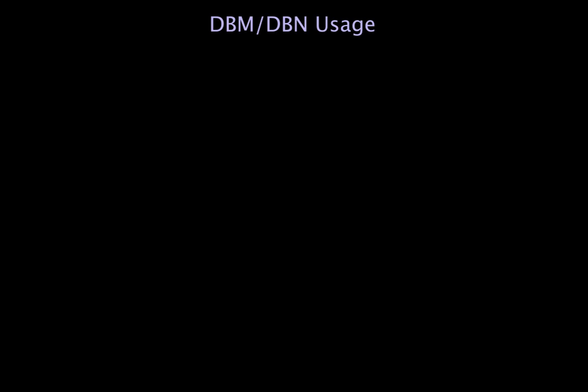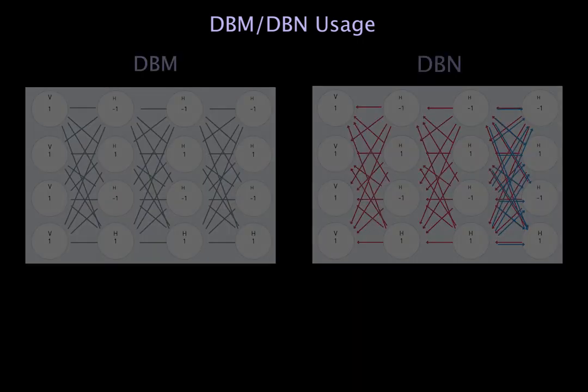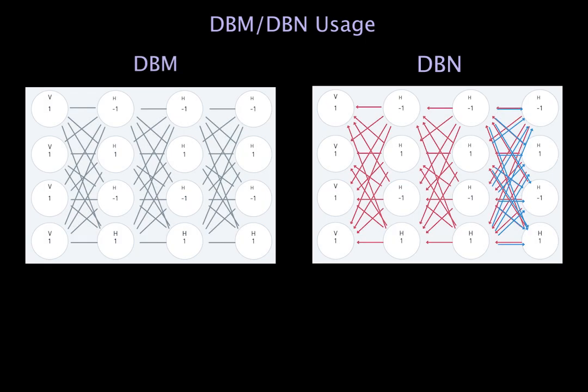Both DBMs and DBNs are generative networks and can act as content addressable memory systems, but they do this in slightly different ways. To generate data from a DBM, we can provide it with input, propagate all the way up and all the way down through the network, and it should produce data fitting the distribution it was trained on.